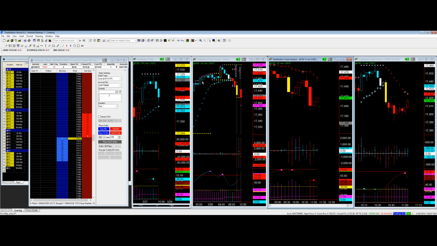Buyers controlling an inside bar does not mean a lot to me. It's an inside bar. That's all you can say. Any questions on that trade?